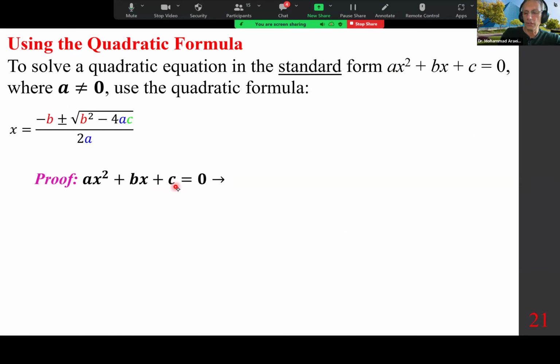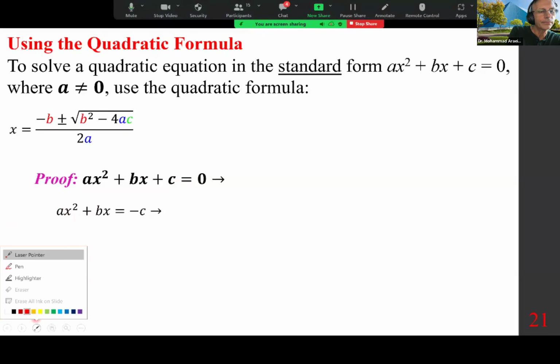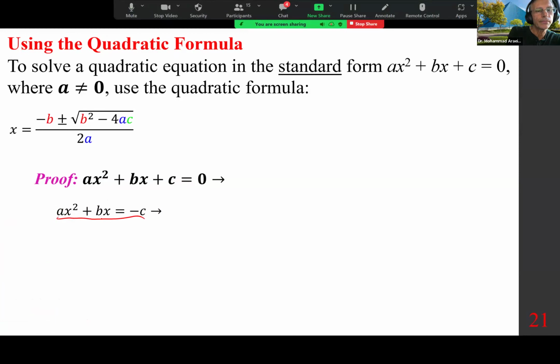So we're going to move the constant. Here's b. Because this is a, we're going to divide everything by a because we want it to be 1. So divide everything by a. Meaning this one becomes x squared, this one becomes b over a times x, and this one becomes minus c over a.